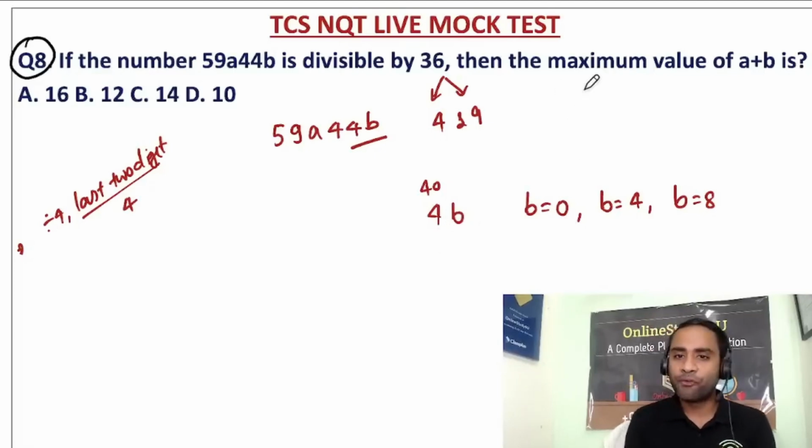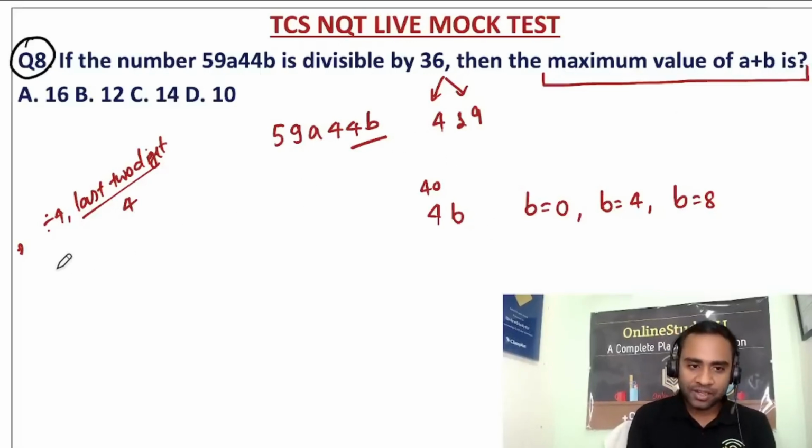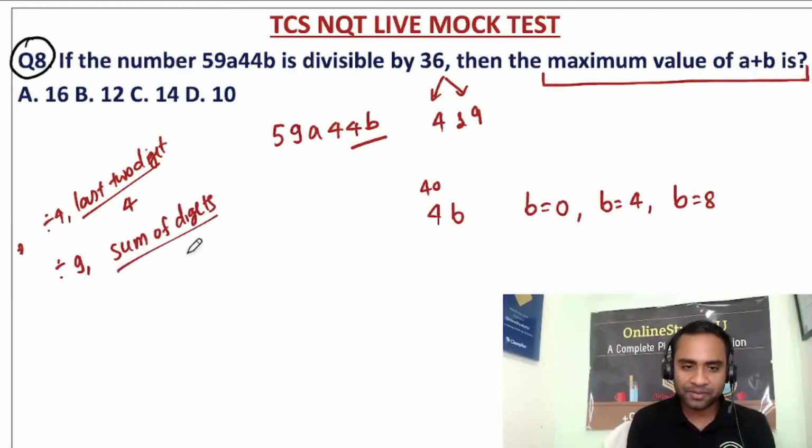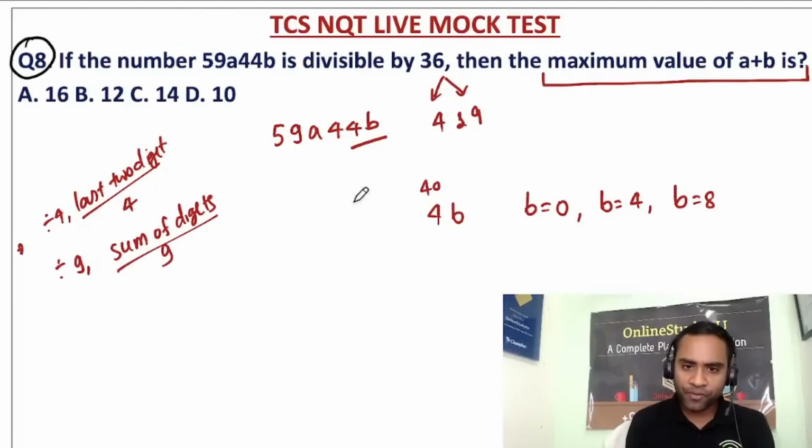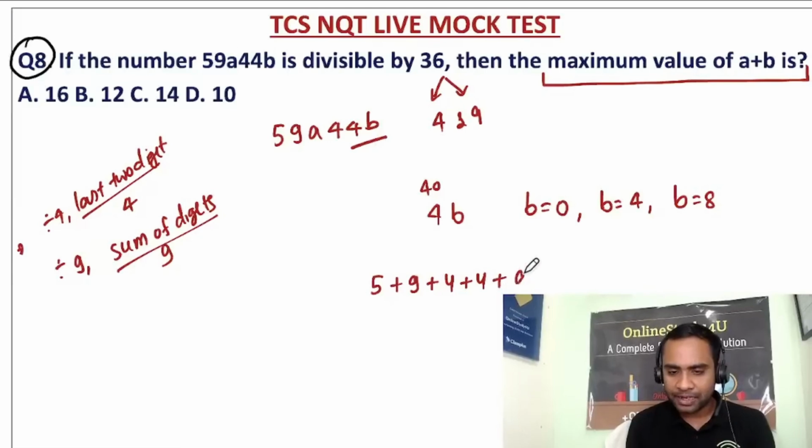We have to find the maximum value of a plus b. Now if this number is divisible by 9, then the sum of digits will be divisible by 9. So we have 5 plus 9 plus 4 plus 4 plus a plus b, which should be divisible by 9. 5 plus 9 is 14, 14 plus 4 is 18, 22.